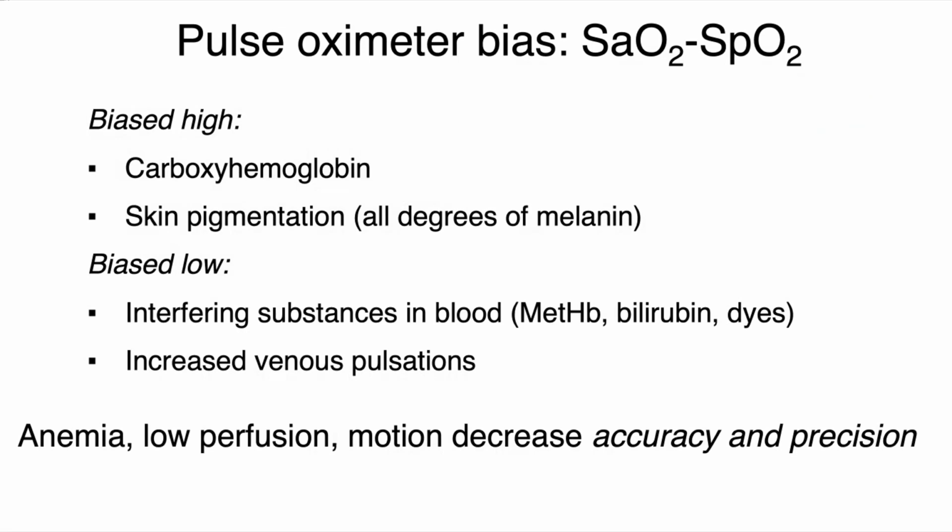There's other confounding factors like anemia and low perfusion and motion. They can decrease the accuracy and precision, but it's not really correct to say that they produce a bias. Maybe for an individual instrument, they can produce a bias, but making an overall conclusion that low perfusion always makes the pulse oximeter read too high is factually incorrect. As we know.